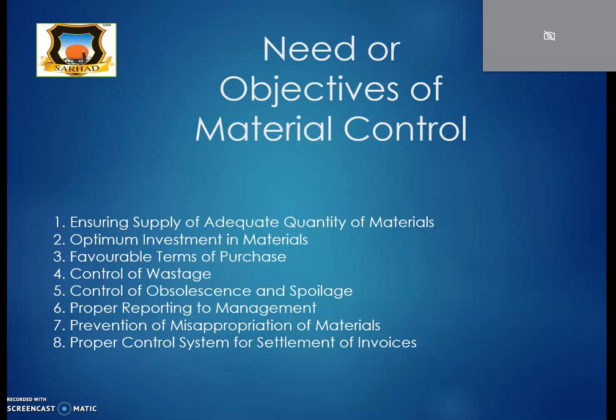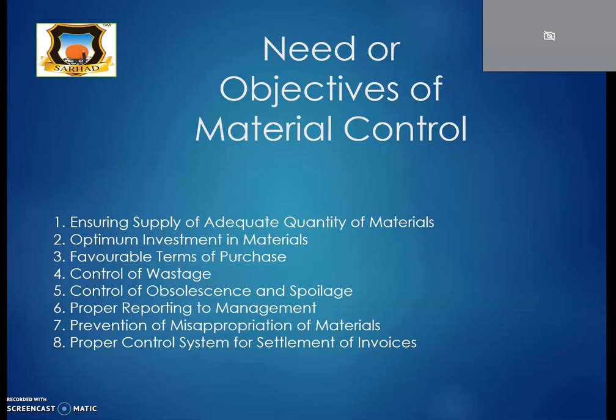Optimum investment in material means understocking leads to unavailability of material, running out of stock at some time or the other. Shortage of material may arise at the time when it is urgently needed and production is then held up. The delay or stoppage in production due to non-availability of material is very costly and results in loss of profit.